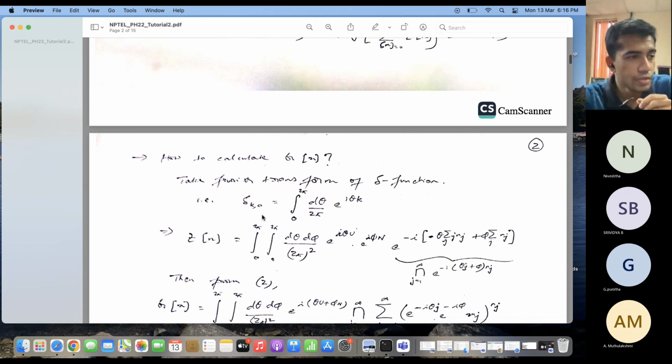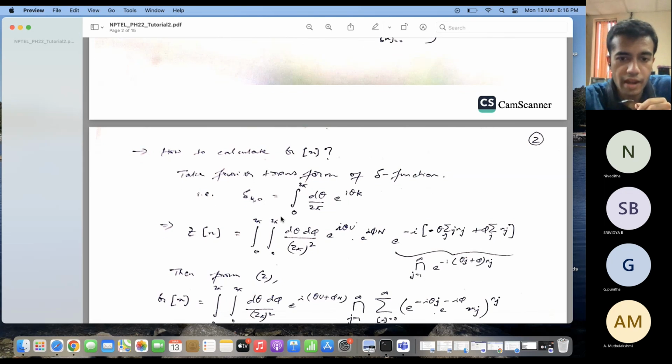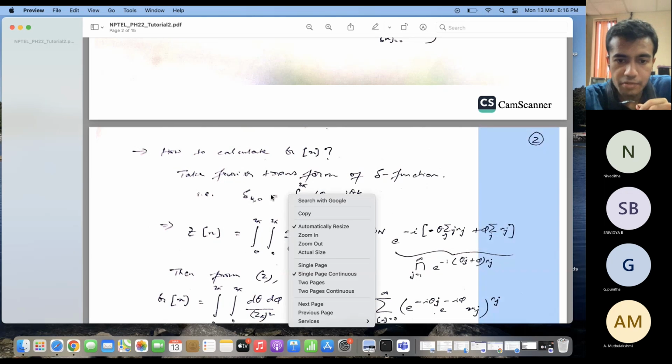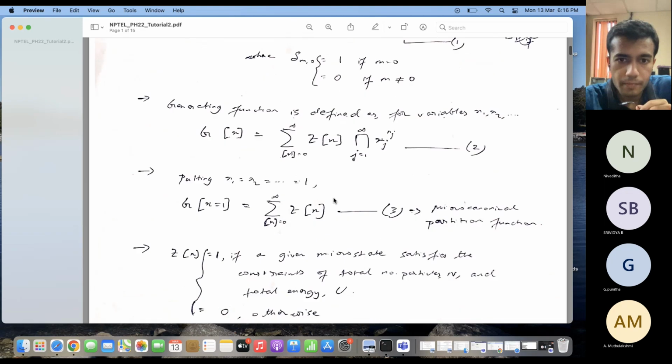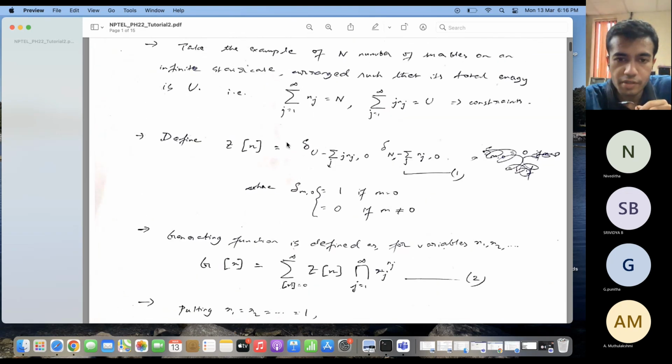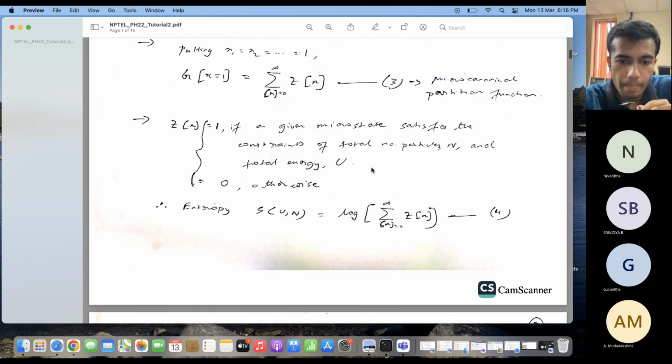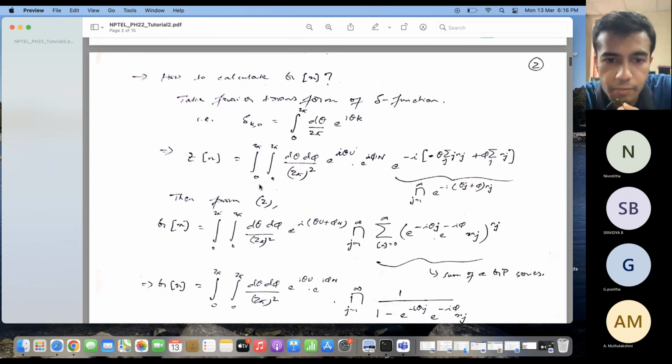If I'm able to write the delta function in this manner, then I substitute this value in place of these values over here, that is in place of the delta functions in Z. Then Z is equal to two integrals: one for the delta function concerning the energy constraint, and the other for the delta function which satisfies the number of particle constraint.